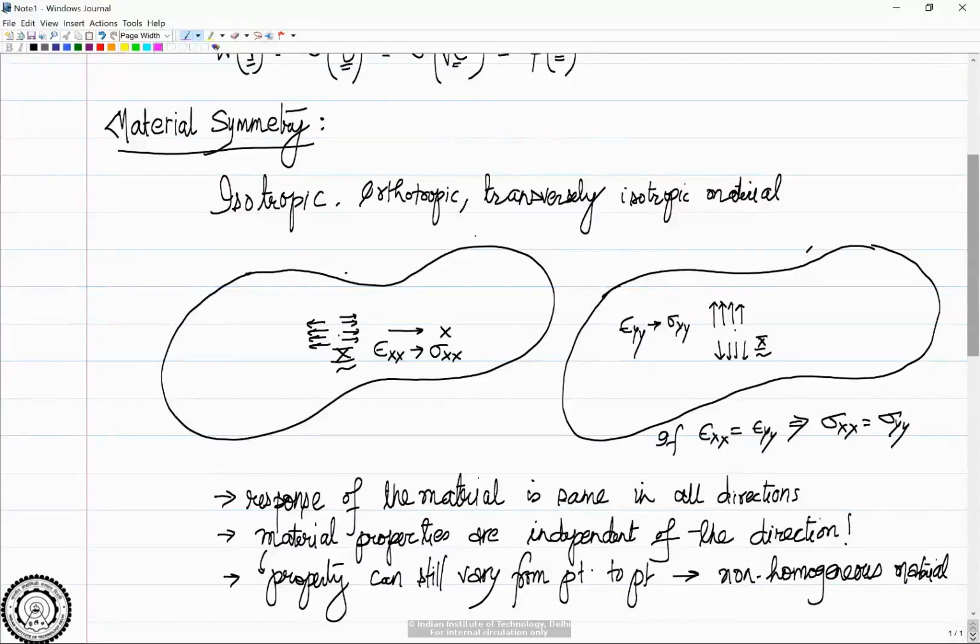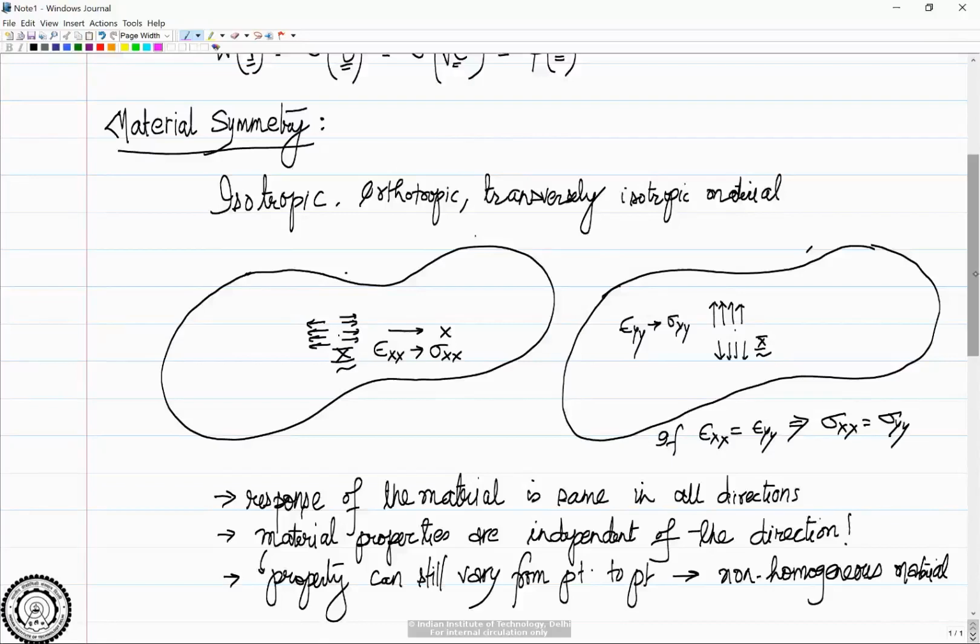At nano scale, we see the crystal lattice. You go to micro scale, you start seeing grains of the lattice. And if the grains are randomly oriented at micro scale, then overall it has the effect of making the material isotropic at macro scale.